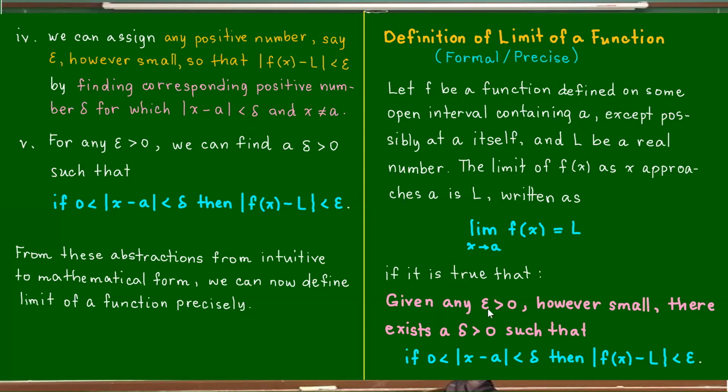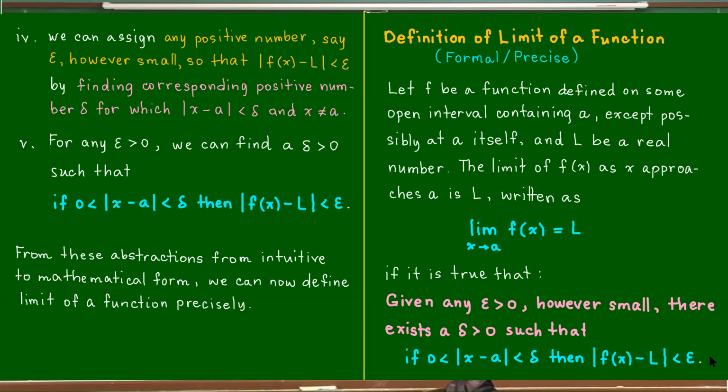Given any epsilon greater than 0, however small, we can find a delta that is positive such that this conditional statement is true: if the absolute value of x minus a is greater than 0 but less than delta, then the absolute value of f of x minus L is less than epsilon.